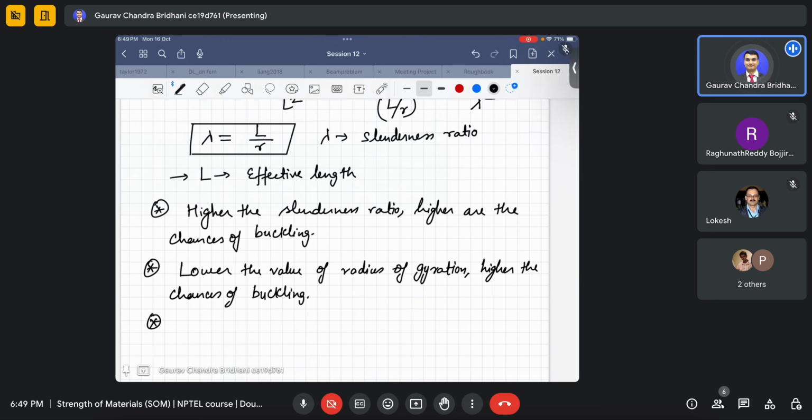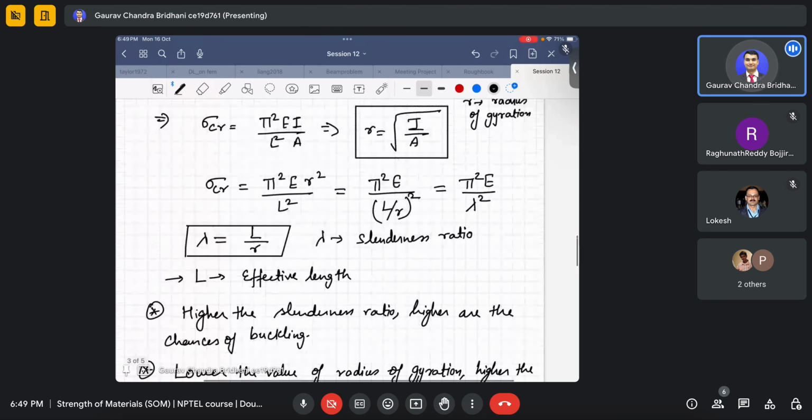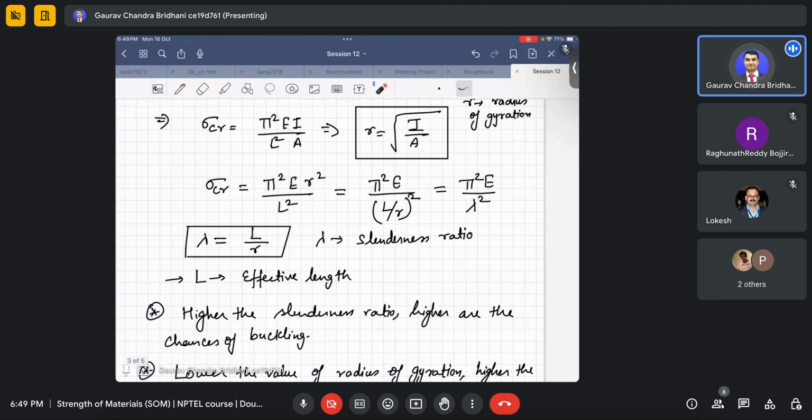Then there is one more way, which is how radius of gyration is defined. Radius of gyration is defined in terms of I, that is the moment of inertia. You can see that for the same cross section area, suppose I take a rectangle. The rectangle has two axes in a cross section, IZZ and IYY.